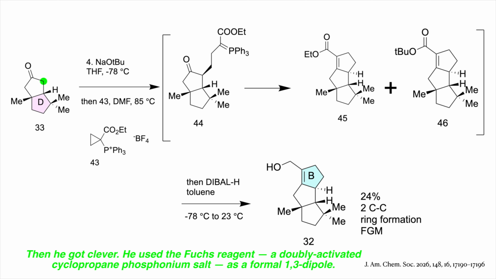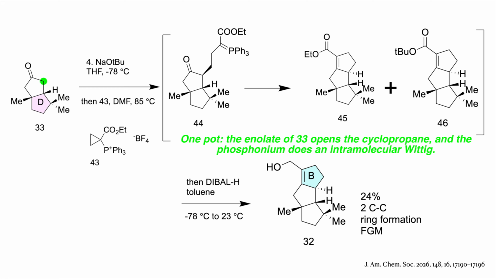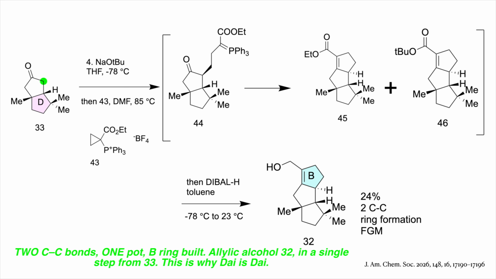He used the Fuchs reagent, a doubly activated cyclopropyl phosphonium salt, as a formal 1,3 dipole, in 1 pot. The enolate of 33 opens the cyclopropane, and the phosphonium does an intramolecular Wittig. 2 C-C bonds, 1 pot, B ring built.